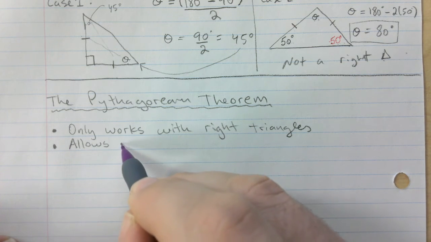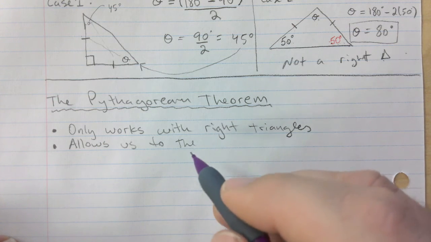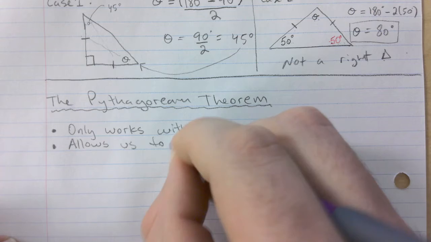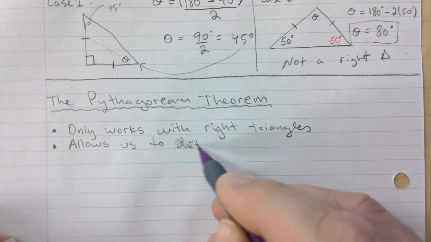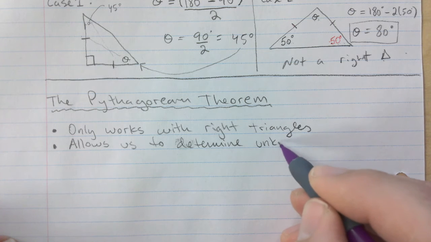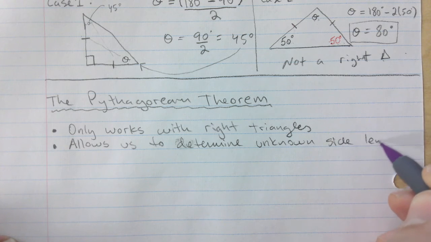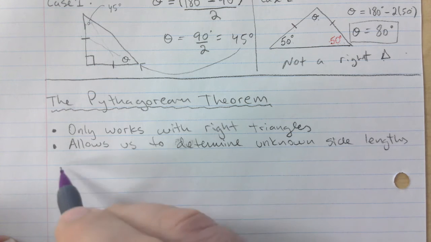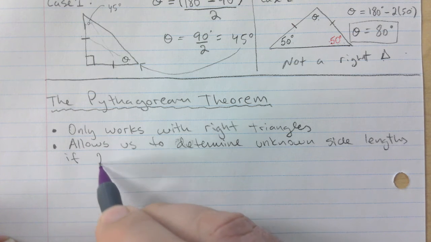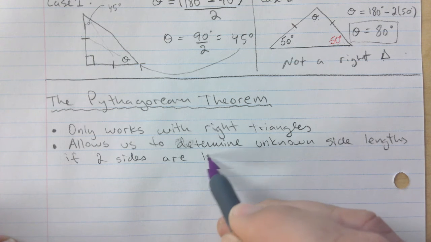It allows us to determine unknown side lengths if two sides are known.